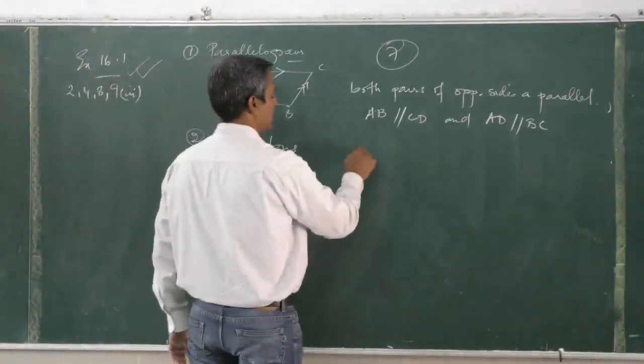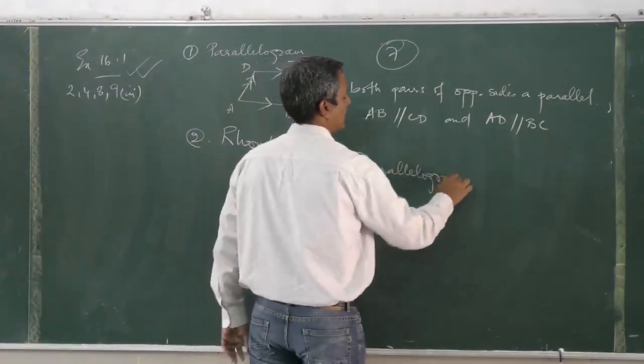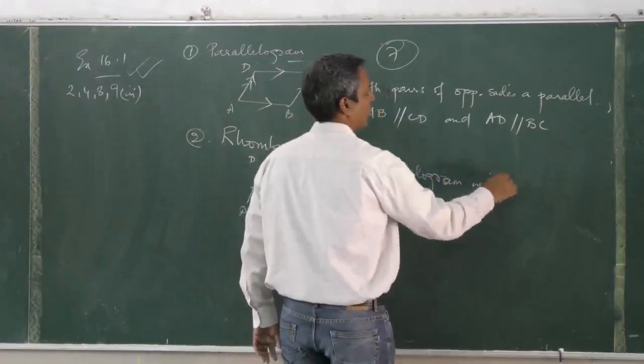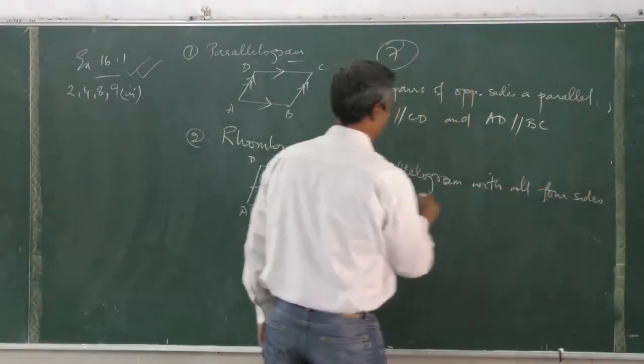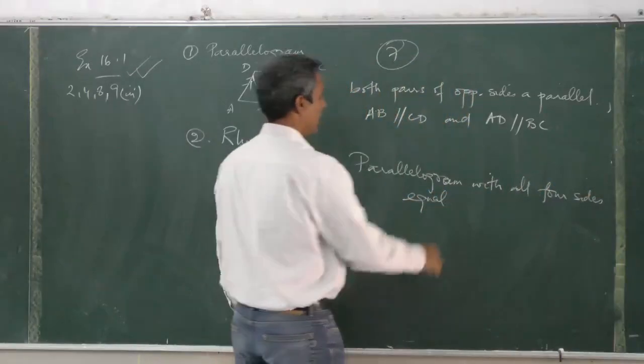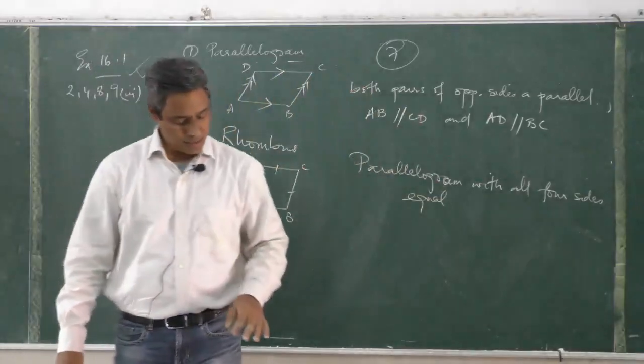So what is a rhombus? A rhombus is a parallelogram with all four sides equal.